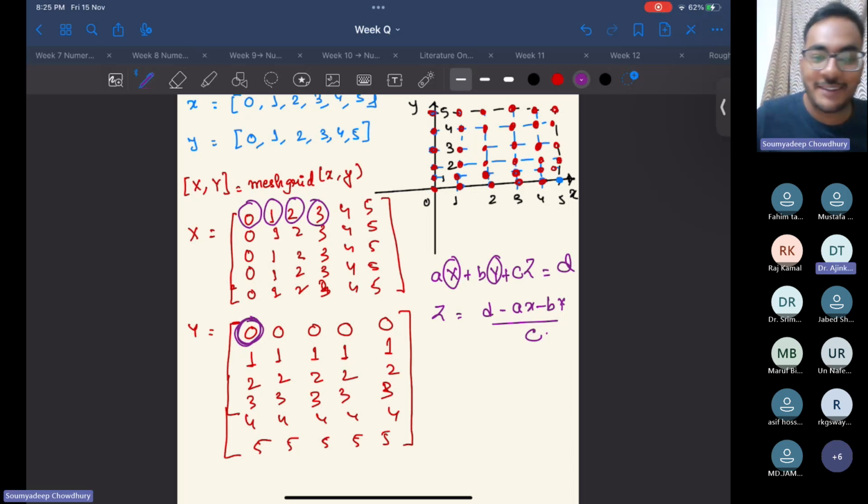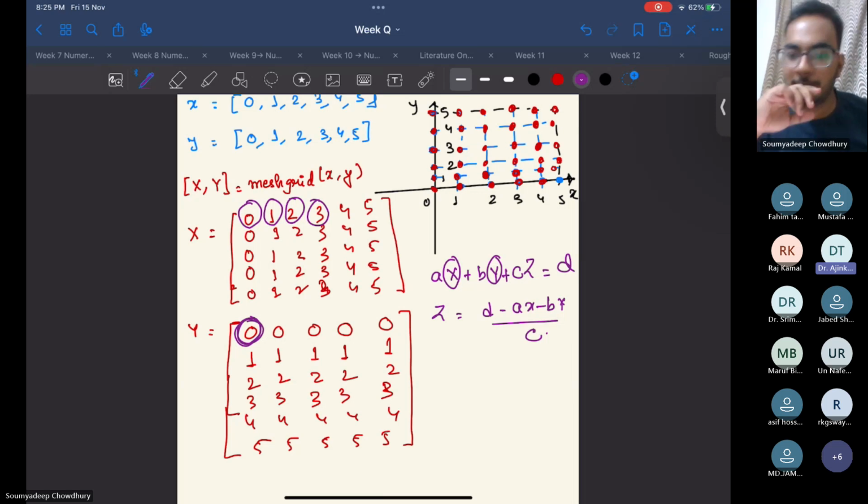Okay, fine, sir. I tried to work this out in MATLAB, but it's giving me an error on line 7, which has the square bracket xy equals meshgrid x1 y1. I don't understand why it is giving me the error. Okay, just a second. I'm working on the same thing you have written in MATLAB.